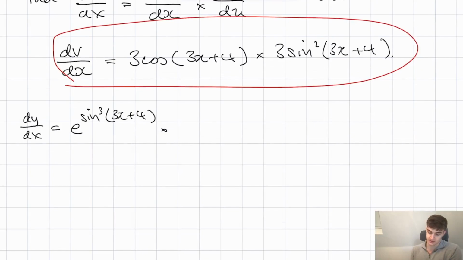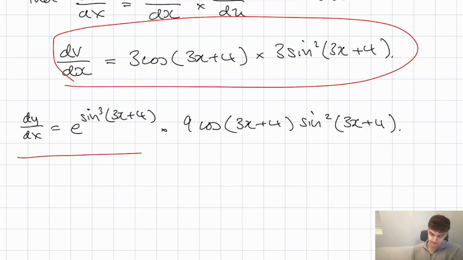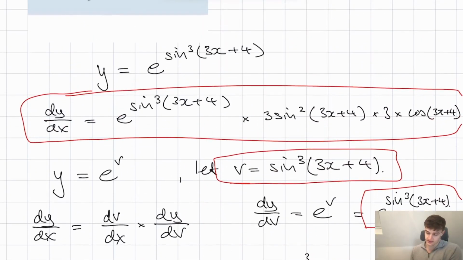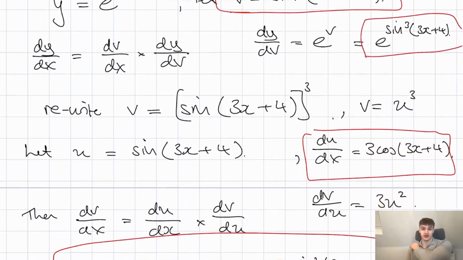So that's going to be, I'm going to put the threes together, 9 cosine 3x plus 4 times sine squared 3x plus 4. Okay, and let's just check that agreed with what I said. Yeah. Fantastic.